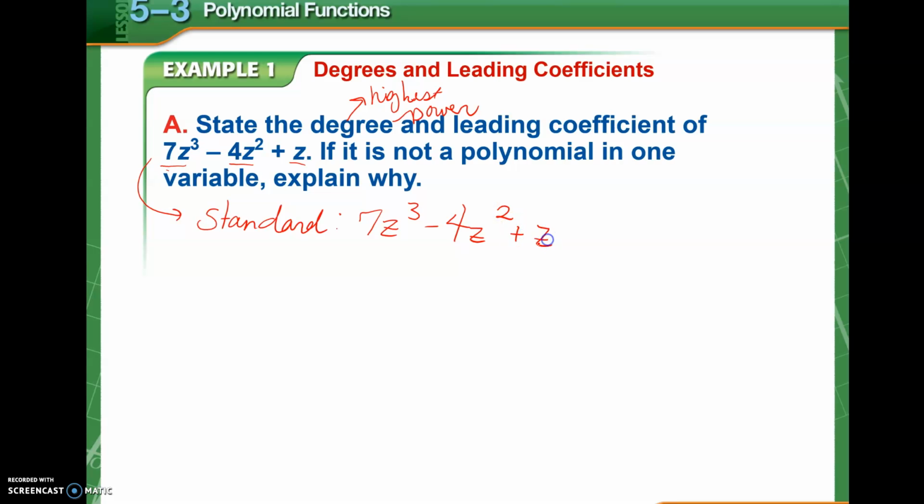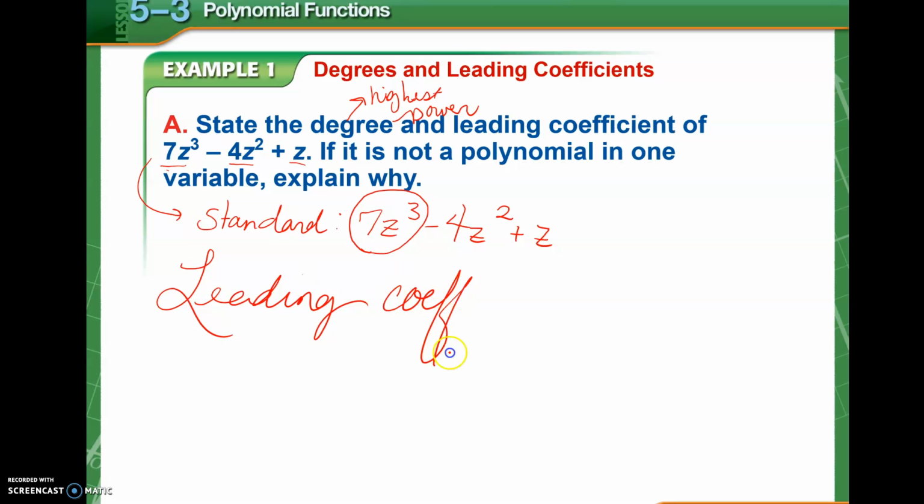So my leading term is this highest power term. My leading coefficient is going to be this 7. You take the sign with it, so if it was a negative, you keep that. So my leading coefficient is 7.